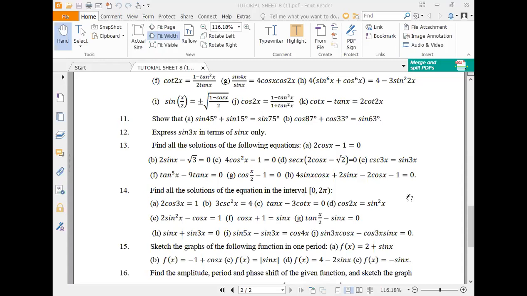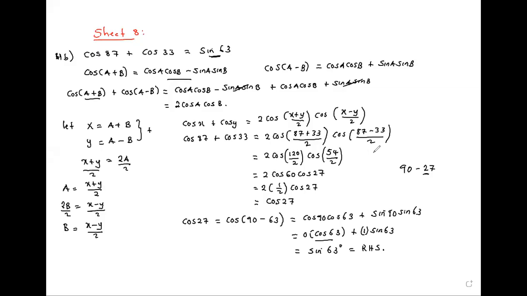Express sine 3x in terms of sine x only. So what is sine 3x?